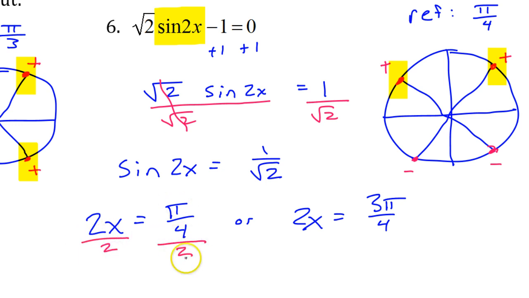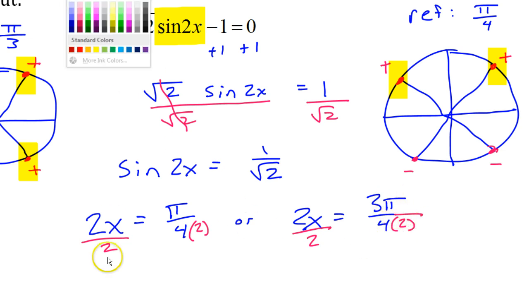When you divide a fraction by another number, what you can do is just put that number in the denominator. Let me just erase this. When I divide by 2, that 2 just joins into the denominator. And I'll do the same thing here. When I divide by 2, I'll just put it here in the denominator, and boom, I'm dividing by 2.